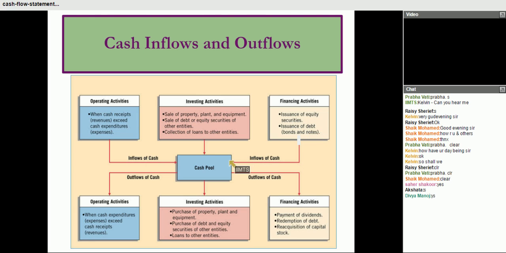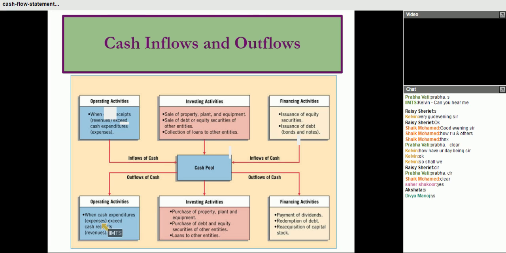This is the inflow of cash coming into the organization. Similarly, we have operating activities, when cash receipts or revenues exceed the cash expenditure, then we have inflow of cash. Similarly, we have investing activities like sale of property, plant and equipment. When we sell the property or equipment, a plant means production plant, then the money that comes goes into the cash account. Sale of debt or equity securities of other entities, collection of loans to other entities. This also comes into cash inflow.